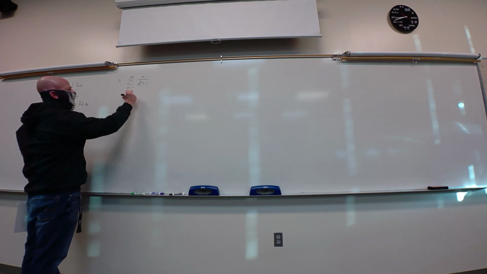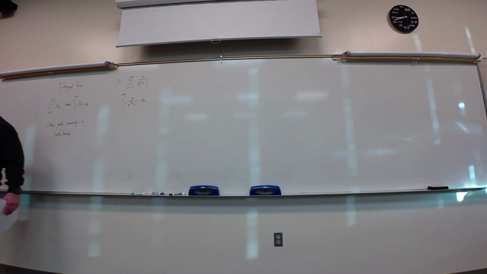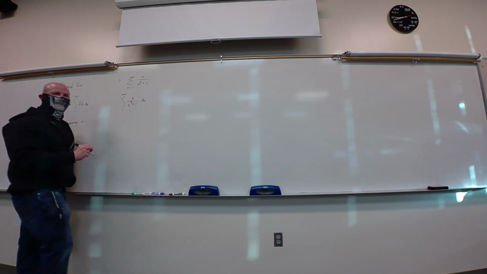Integral from 1 to infinity of x over x squared plus 1 dx. I'm just switching to x's. That's what I usually see in my integrals. Okay. Now I'm going to determine what this integral is. This would be a u substitution because I could let u be the bottom. du would be 2x. Does that sound right to everyone?